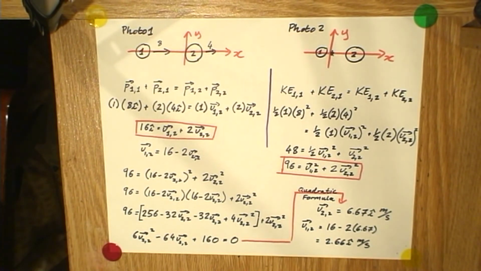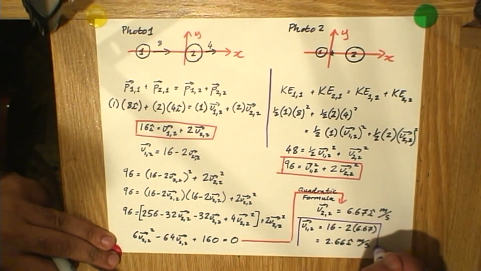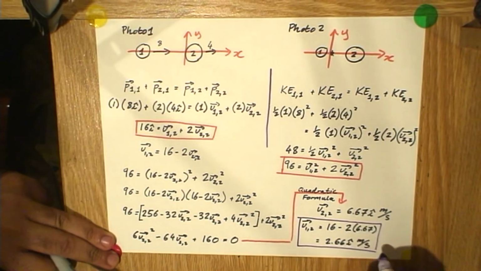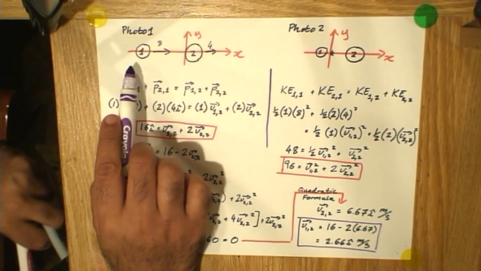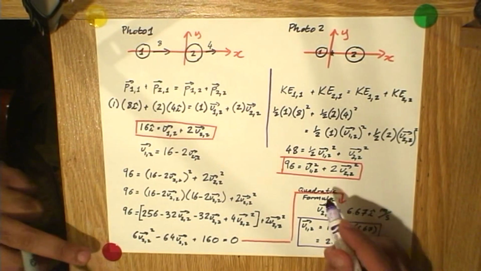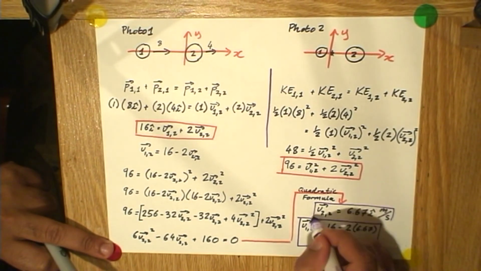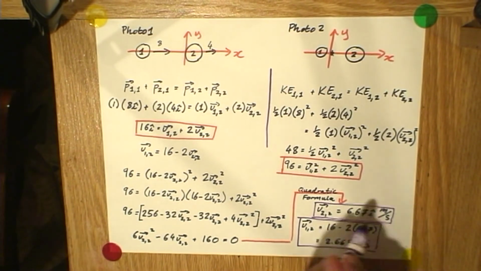So that is the velocity of the first ball, the 1 kilogram ball, after the collision takes place. The 1 kilogram ball is going to travel forwards at 2.66 i hat meters per second, and the 2 kilogram ball is going to travel forwards at 6.67 i hat meters per second.